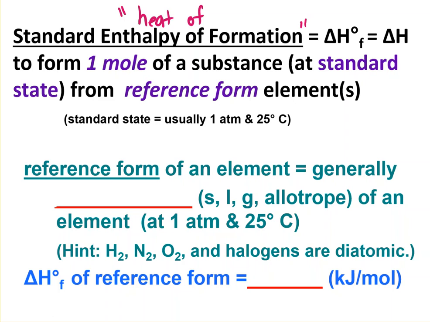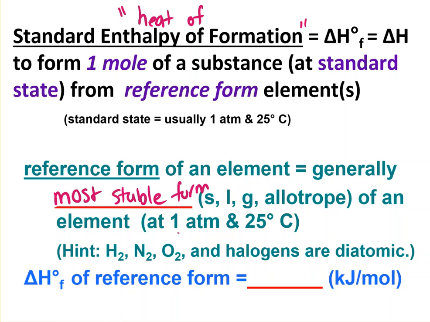The reference form of an element is generally the most stable form. It could be solid, liquid, gas. Allotrope has to do with the crystal structure of an element.